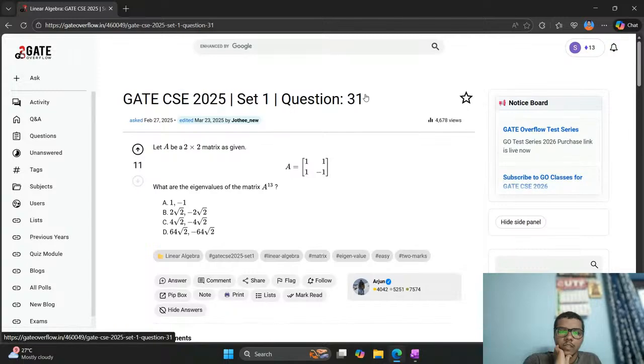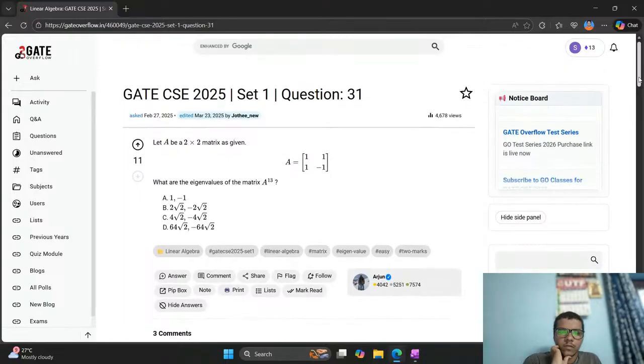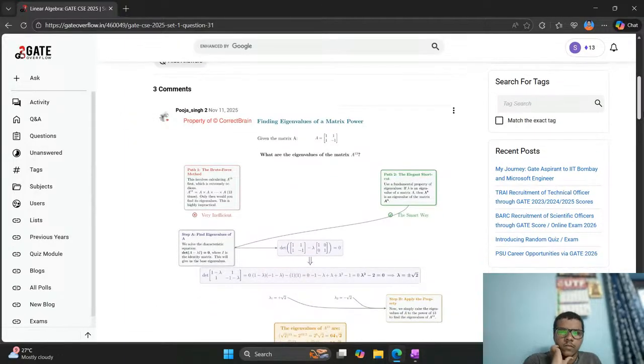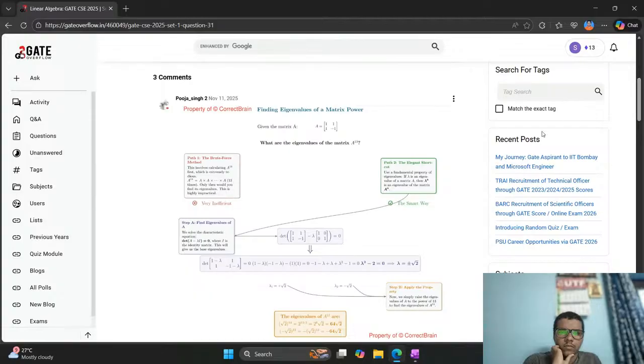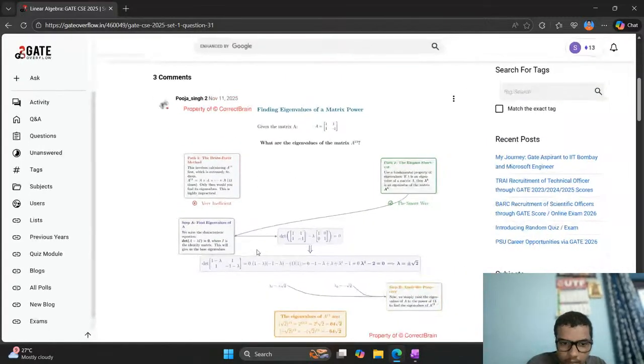So this is a two-by-two matrix. What the heck is A13? Okay, that's A power 13. Highly impractical. Find the eigenvalues.